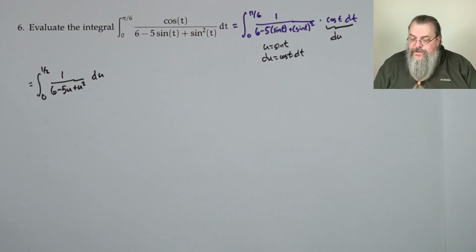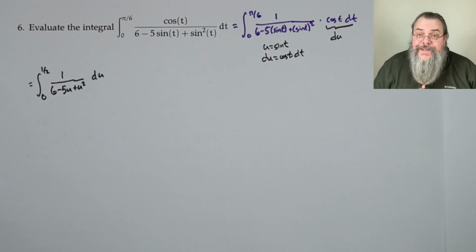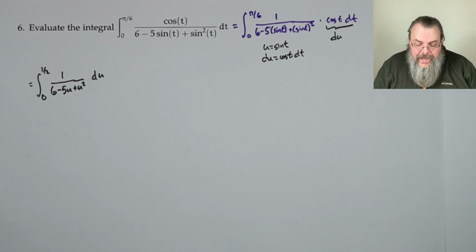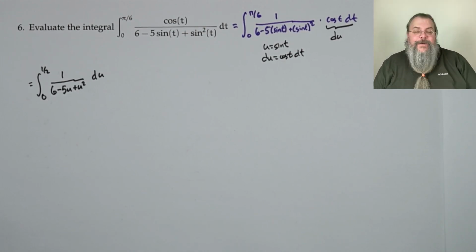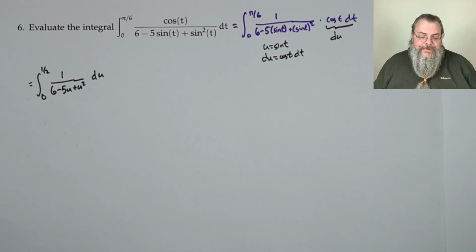Now, where to next? Well, at this stage we can say, can we factor? Yeah, we can, right? Because our calc teachers love us. Because they would never give us something that we couldn't factor, except when they do, and then we complete the square. But let's try factoring.